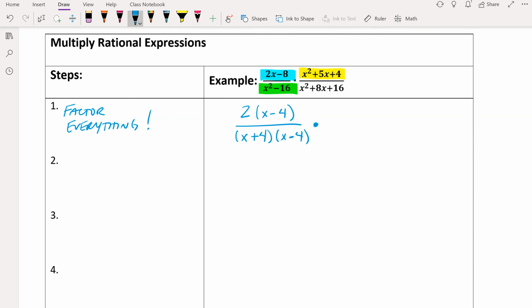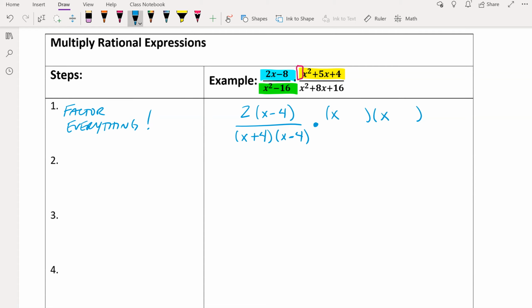Then go ahead and factor our next numerator. We're going to talk about how to quickly factor this. First of all, we know that it's going to turn into two factors. Usually, if there's no number out in front, the a value is 1, and then both factors are going to start with x, always.